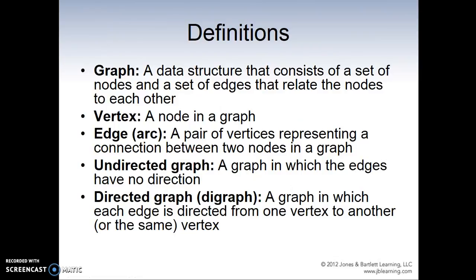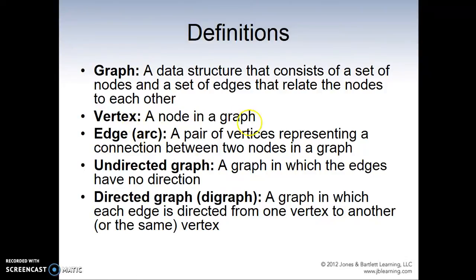So graph is a data structure that consists of a set of nodes and a set of edges that relate the nodes to each other. So what's edges? Edges we call arcs, a pair of vertices representing a connection between two nodes in a graph, just like a street I compared to.